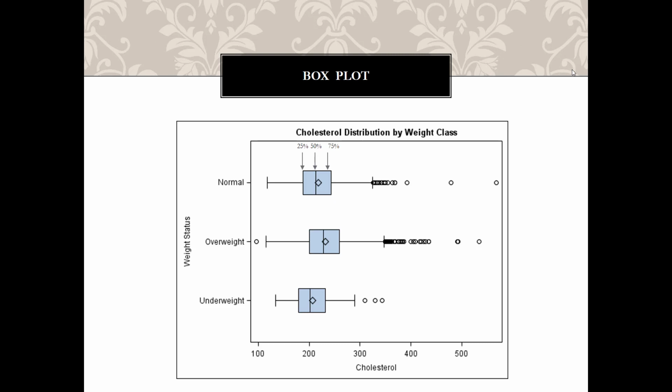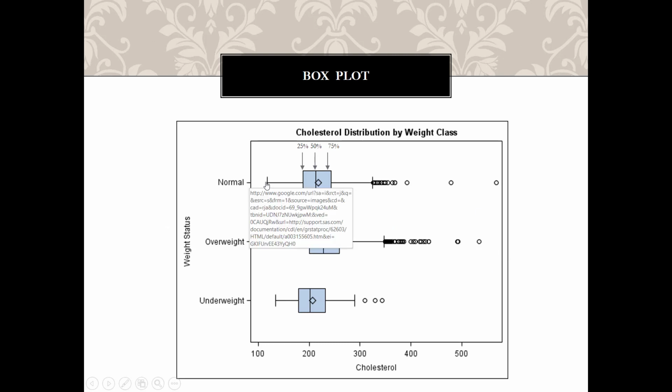And you can see that the very first line, the lower limit line in the box, is the 25th percentile, and the upper limit line of the box is the 75th percentile. The 50th percentile is your line in the middle. And that's true for all the box plots.